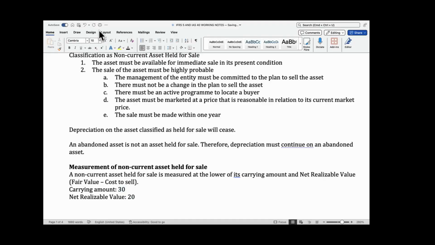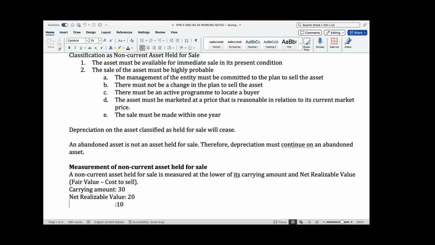From the knowledge you have acquired in all my teachings, all your learnings in this class, when you bring down the asset from 30 to 20, meaning you write the asset down by 10, who can tell me in this class the name you can call this 10?